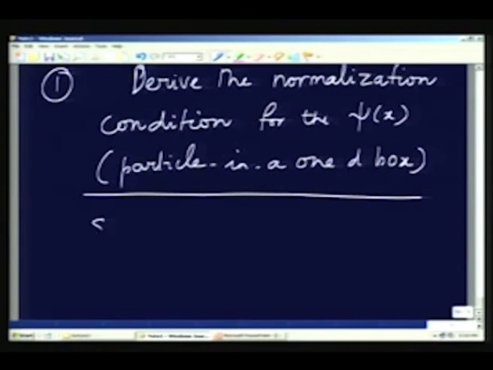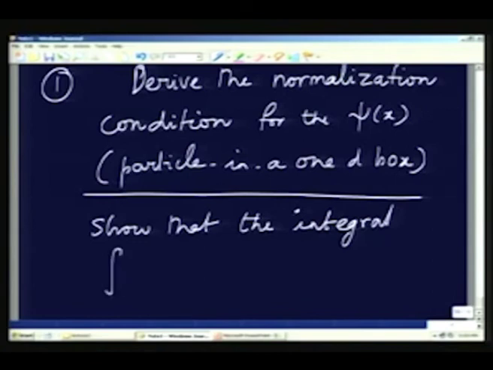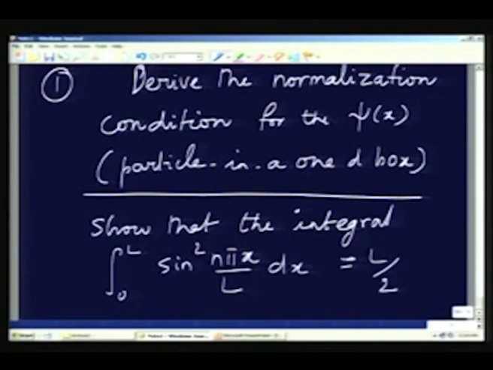Show that the integral from 0 to L of sin square n pi x by L dx is equal to L by 2. This is the normalization condition, and this is what you used in writing the wave function as root 2 by L sin n pi x by L.